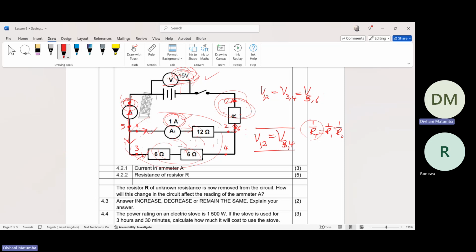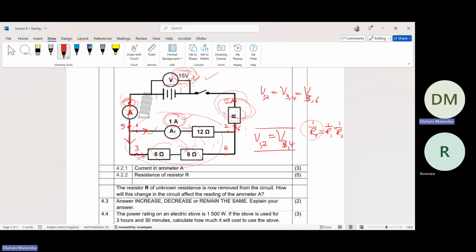Okay, perfect. So the other thing that you must bear in mind is that in your exams, they will use two strategies to trick you. Whenever you see an unknown resistor which is not in your parallel connection, or if you have an internal resistor, because usually an internal resistor, they give it as an unknown.